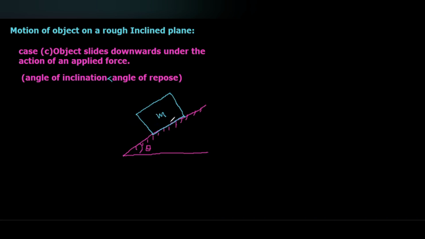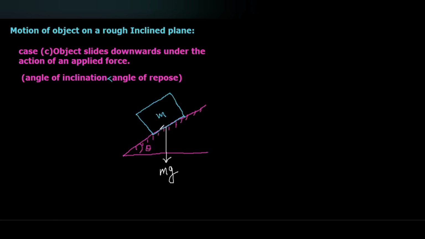Okay. So here, an object of mass m lying on a rough inclined surface. And then here, the weight of the object mg will act exactly downward.